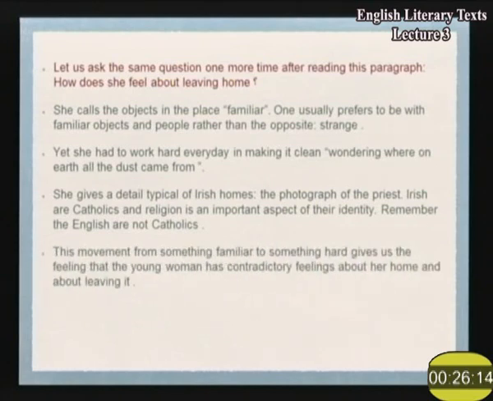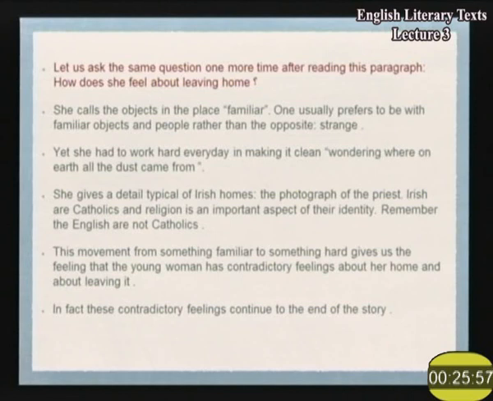This movement from something familiar to something hard gives us the feeling that the young woman has contradictory feelings about her home and about leaving it. In fact, these contradictory feelings continue to the end of the story.